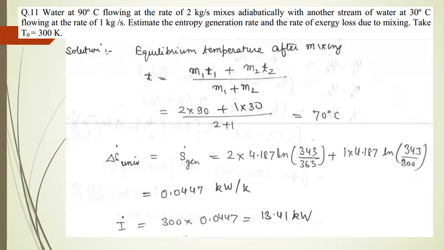Now the entropy generation rate is equal to 2 into 4.187 into ln of 343 upon 363 plus 1 into 4.187 into ln of 343 upon 300, which comes out to be 0.0447 kilowatt per Kelvin. Now the irreversibility or the rate of exergy loss is equal to 300 into 0.0447, which comes out to be 13.41 kilowatt.